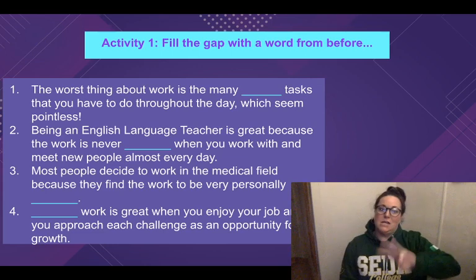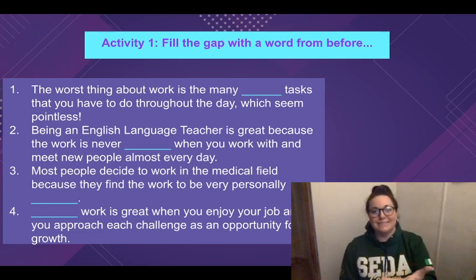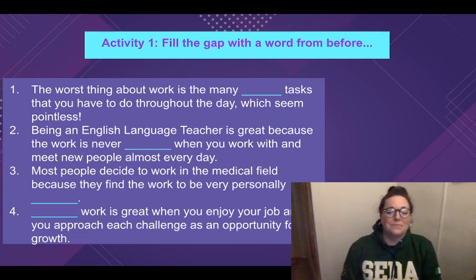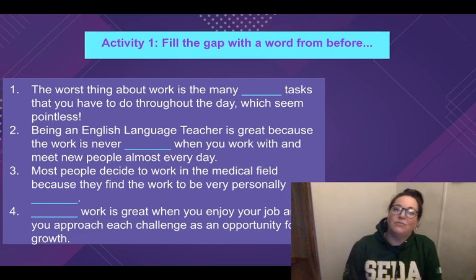Number 3, most people decide to work in the medical field because they find the work to be very personally. Number 4, work is great when you enjoy your job and you approach each challenge as an opportunity for growth.